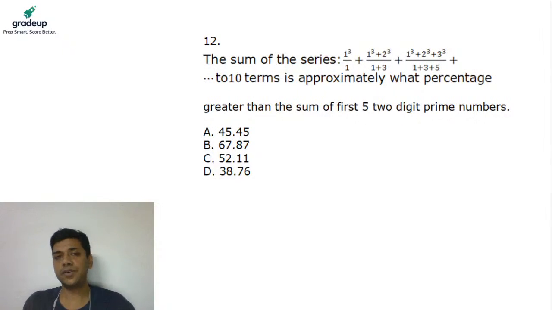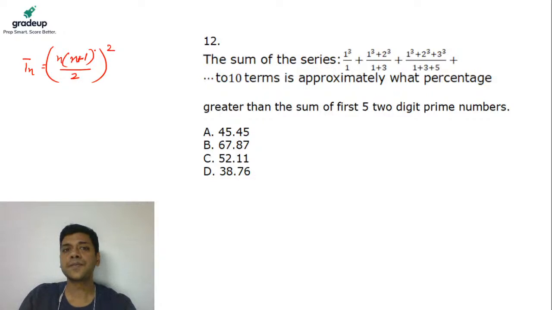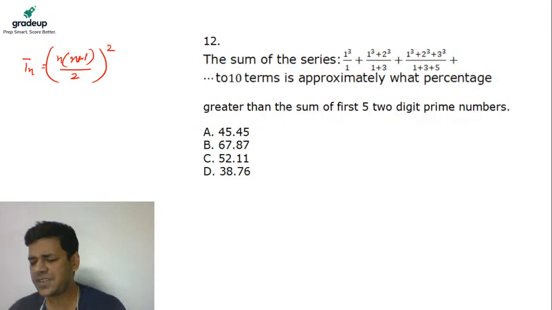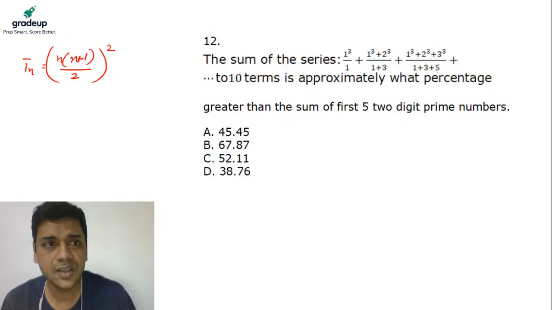Your series, okay, the numerator of the series is the cube of first n natural numbers. So, can I say the nth term is, okay, my numerator is n into n plus 1 upon 2 whole square, which is nothing but the sum of cubes of first n natural numbers, and your denominator is what?